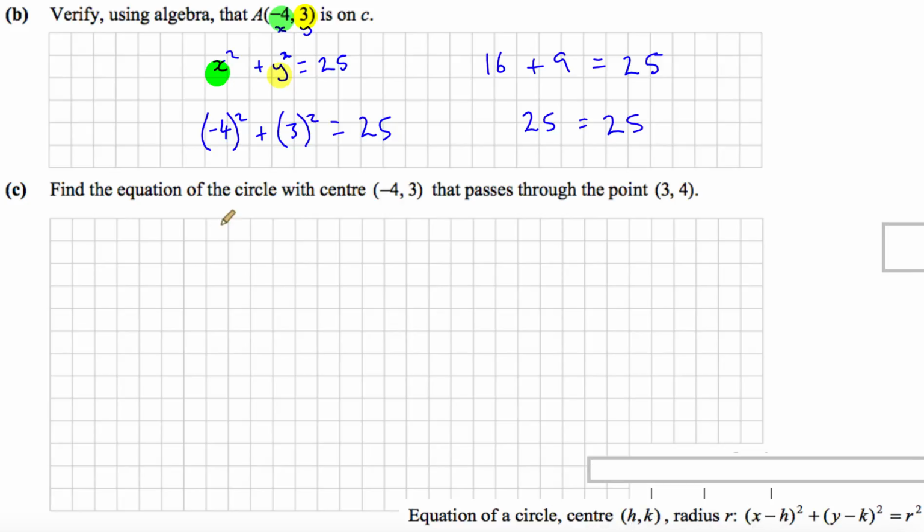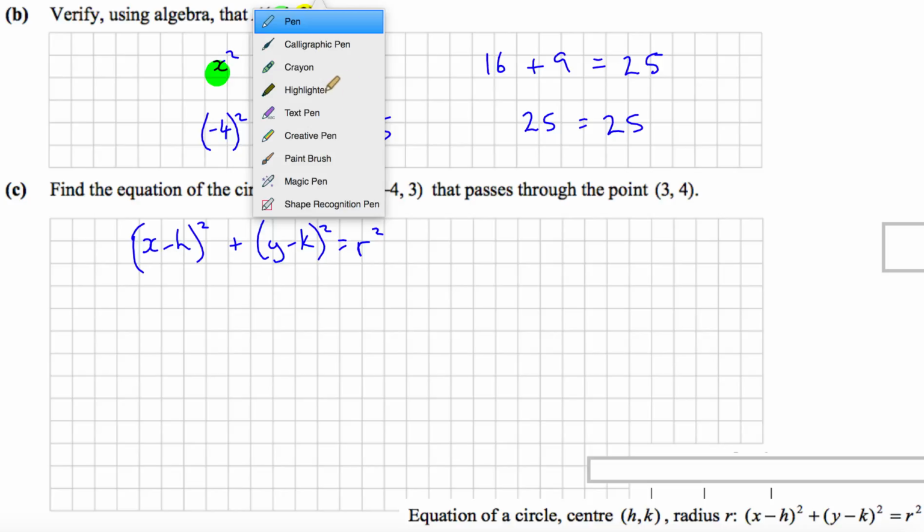The equation that we use is x minus h squared plus y minus k squared is equal to r squared. So we have to identify h, k and r. h, k is the center and r is the radius.